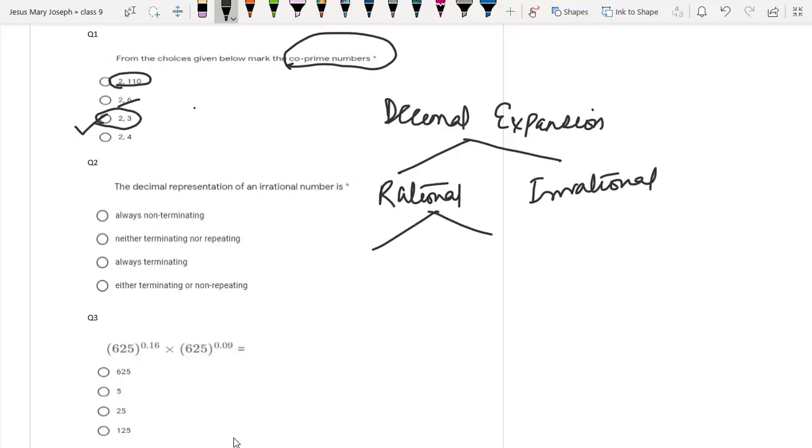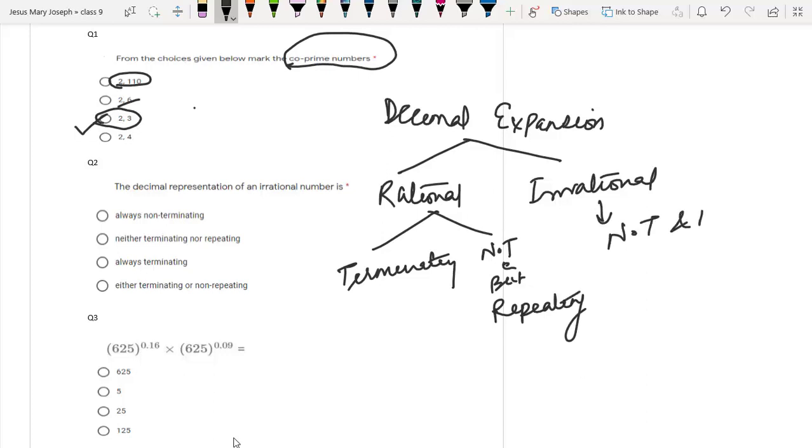In rational it is terminating, or non-terminating but repeating. In this case it is non-terminating and non-repeating. So the correct answer is neither terminating nor repeating for irrational numbers.